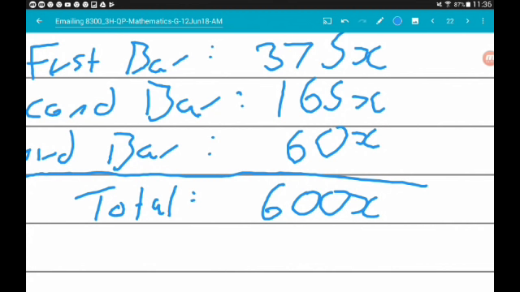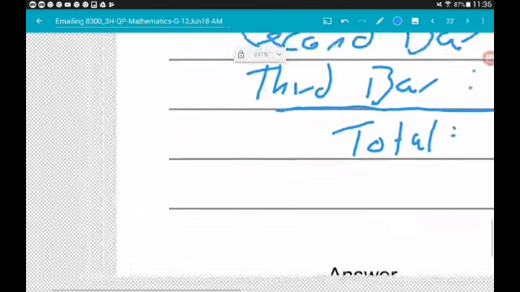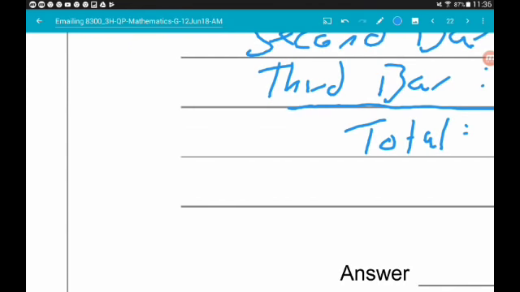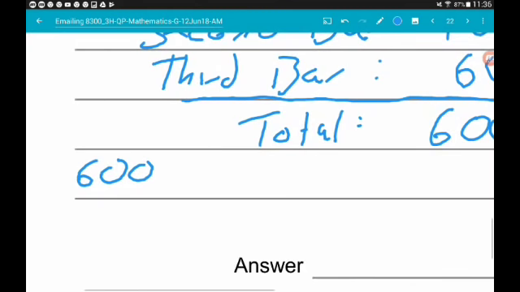Remember that we know the total area as a number. It's 480. So we can now use this to find our value of x. We're going to set the total in terms of x equal to the numeric total. 600x is equal to 480.